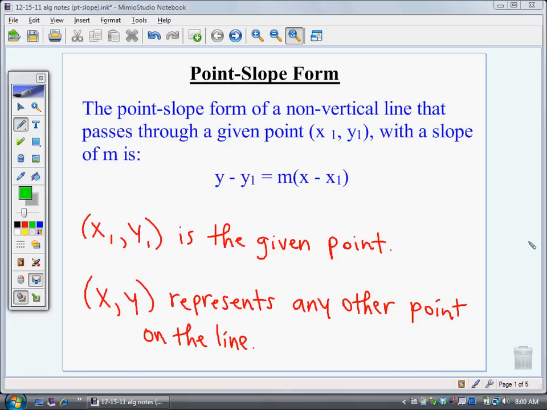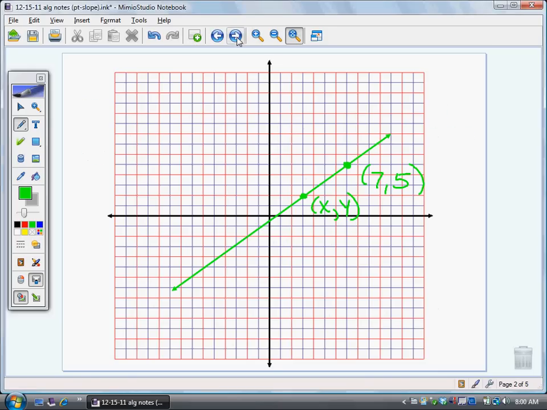how point-slope form comes from the formula for slope. So we have a line that has one marked point, (7, 5), that we know, and then there's another point that I've labeled as just (x, y). The formula for slope is y sub 2 minus y sub 1 over x sub 2 minus x sub 1. Now, since I can see the two points, I can find the slope by doing rise over run.